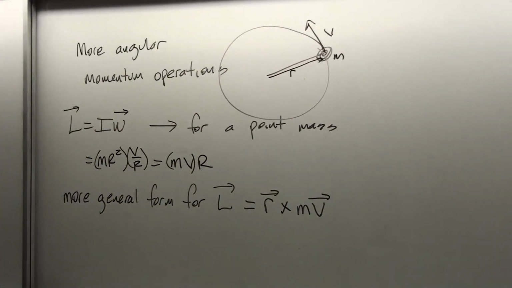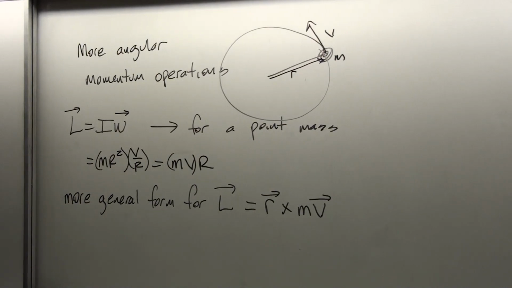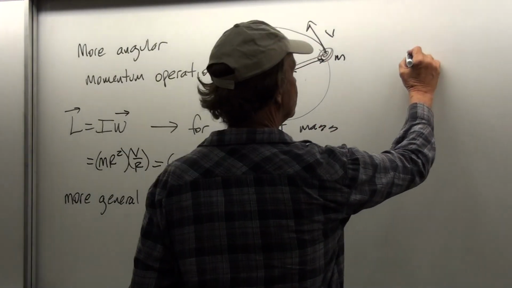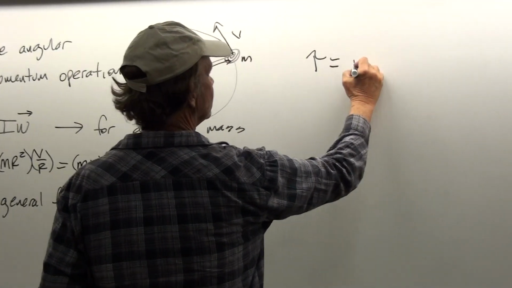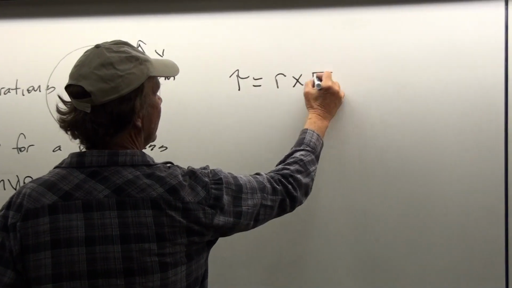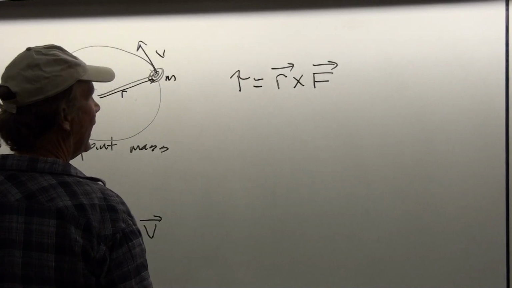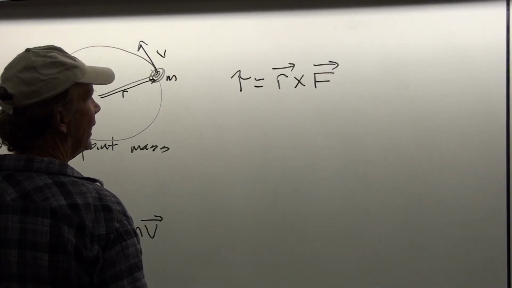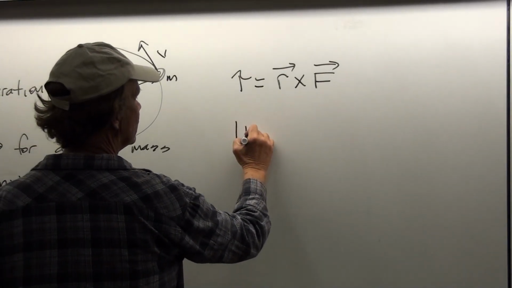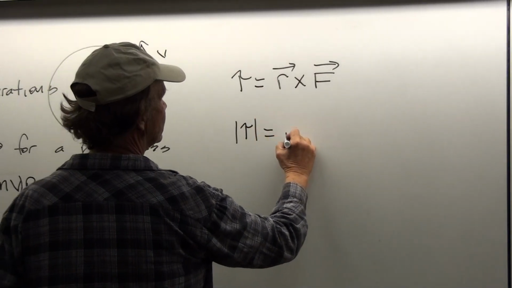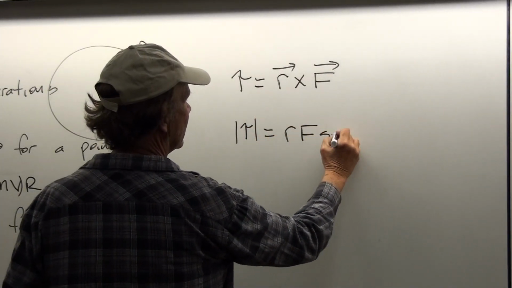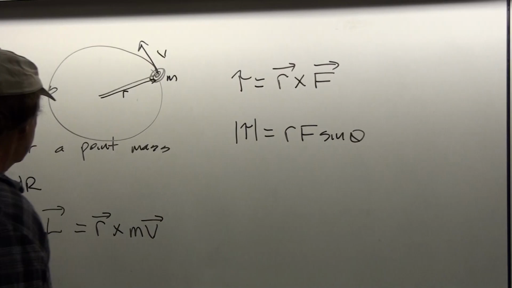So a vector cross product is something that we've kind of implicitly already been doing with torque. For torque, this is just equal to r cross F. That's a vector cross product of a radius vector and a force. Okay, and so the magnitude of the torque we saw before was equal to rF times the sine of theta. Same thing is true here.